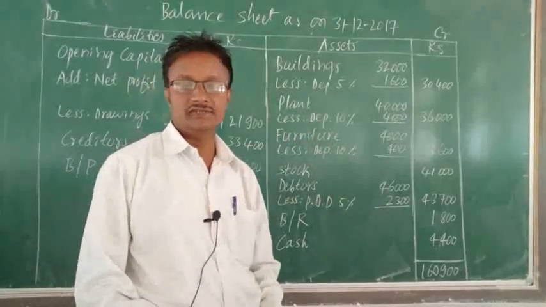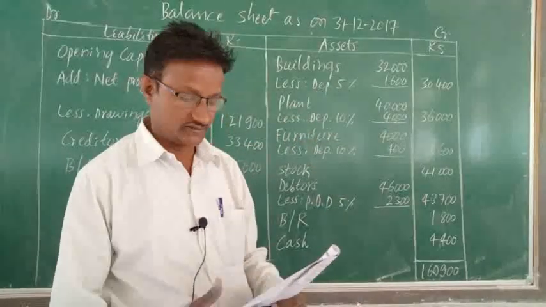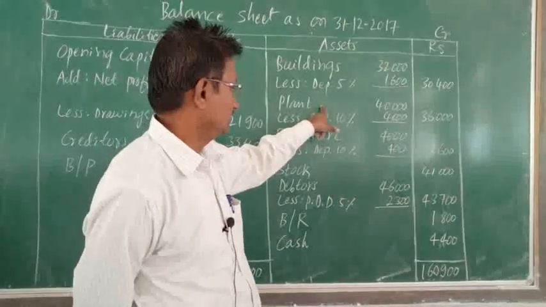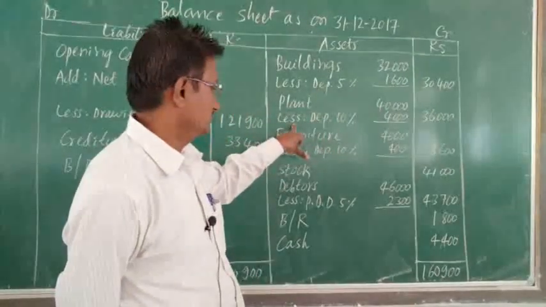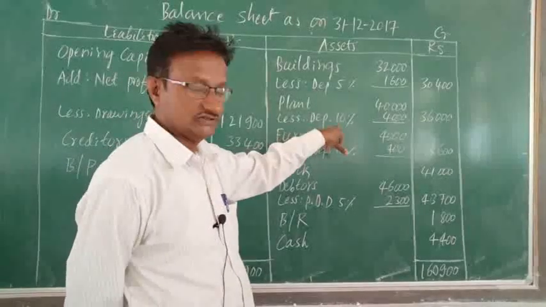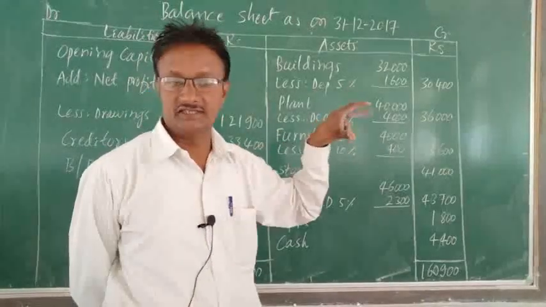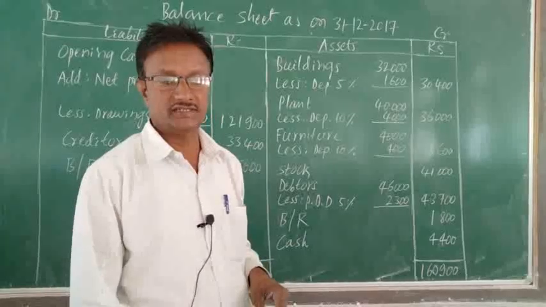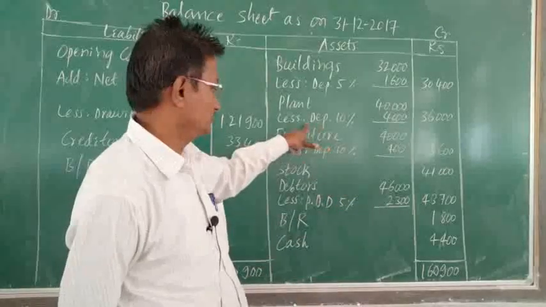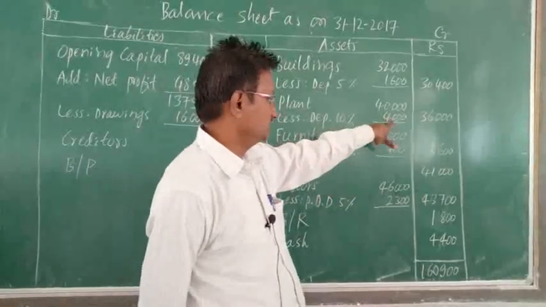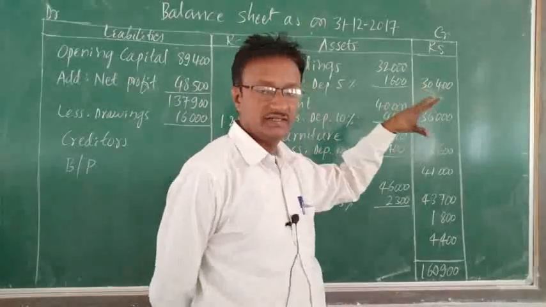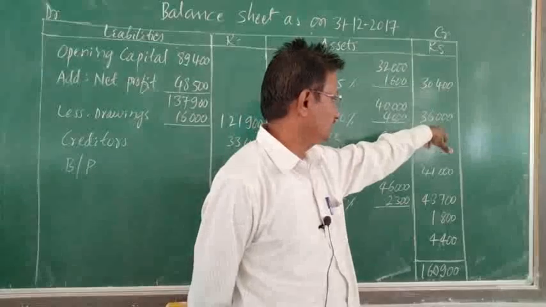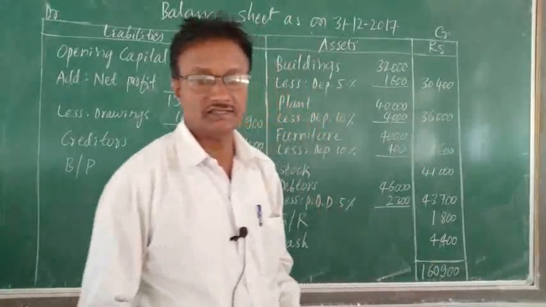Next fixed asset is plant. Plant value is available in the opening statement of affairs, that is 40,000. Take plant value 40,000. Give depreciation, that is less depreciation 10%. As per information, depreciation at 10% has to be provided on plant. So depreciation at 10% is 4,000, and after deducting depreciation, the remaining value is 36,000.